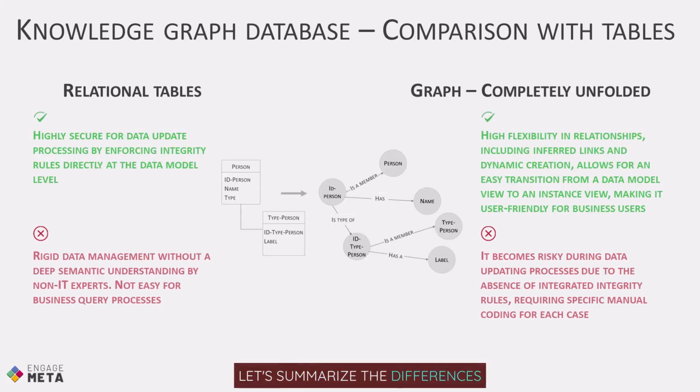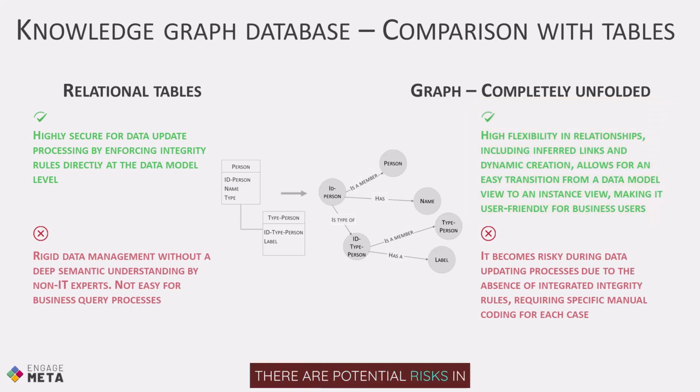Let's summarize the differences between the typical relational database tables and the knowledge graph database. The primary advantage of a knowledge database lies in its flexibility in representing relationships between business concepts. It eliminates the need to manage foreign keys, which is particularly advantageous when dealing with data instances.